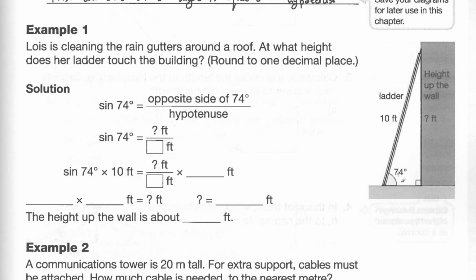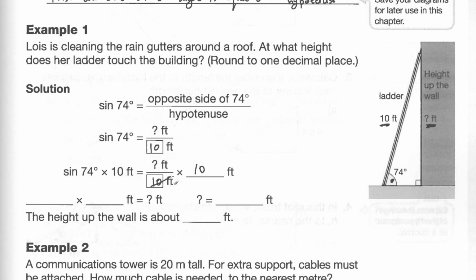Well, we have some information. So this is the 74 degrees. We have the opposite side is our unknown, and the hypotenuse is 10 feet. So sine 74 degrees is equal to an unknown height divided by 10 feet. I want to get that unknown on its own, so what I need to do is multiply both sides by 10 feet. So we have sine 74 times 10 feet is equal to unknown divided by 10 times 10.